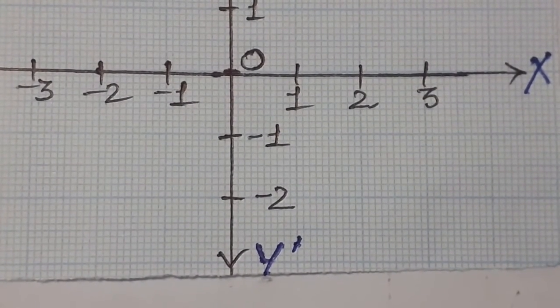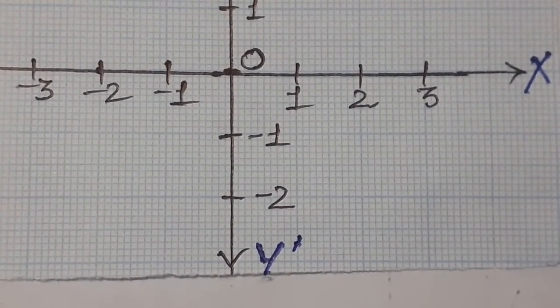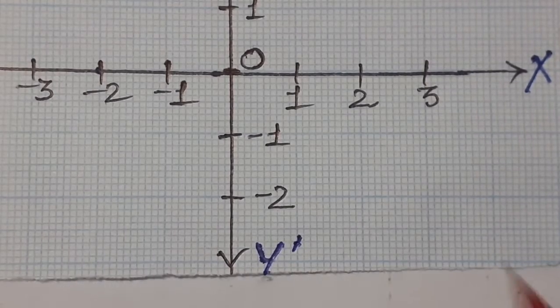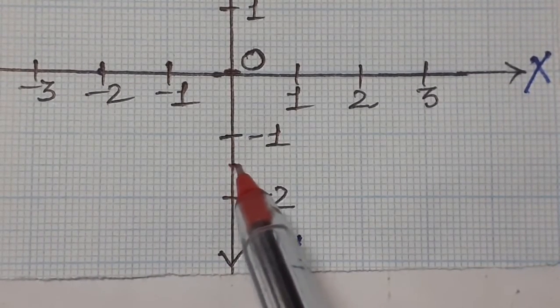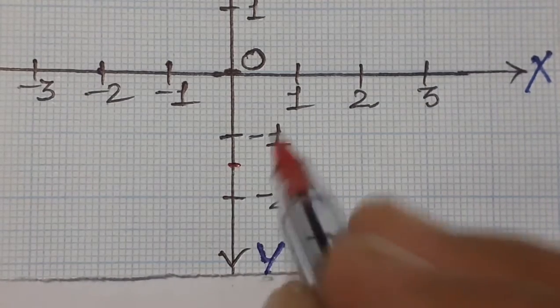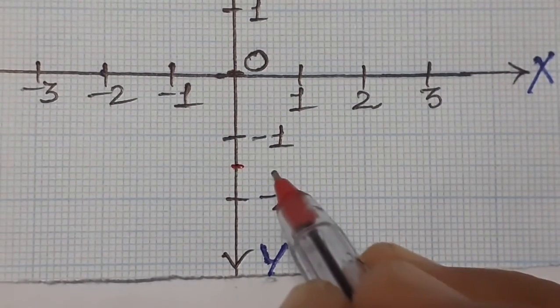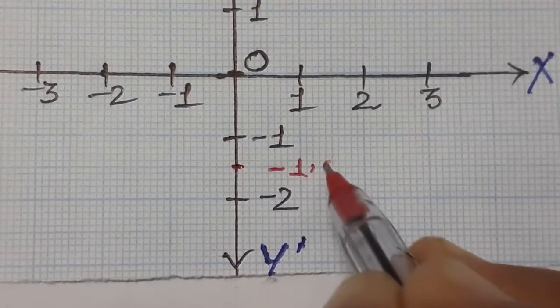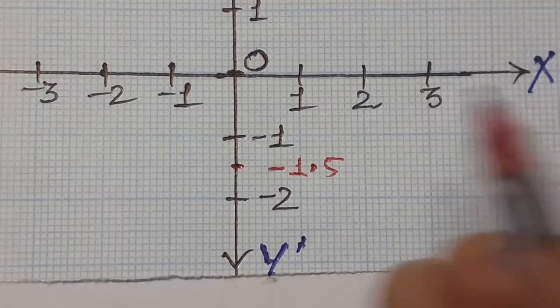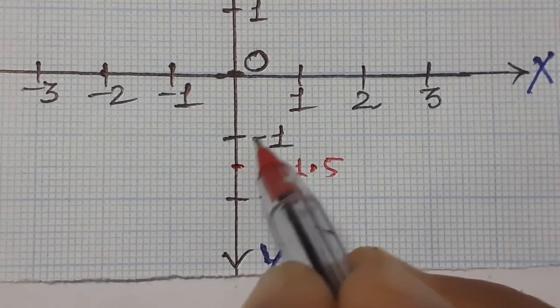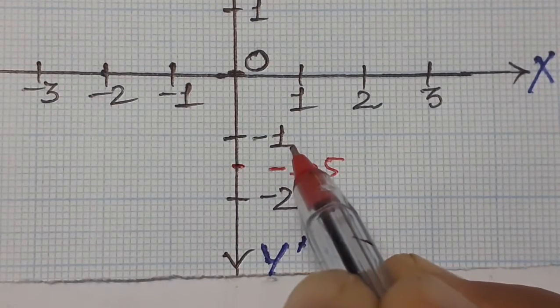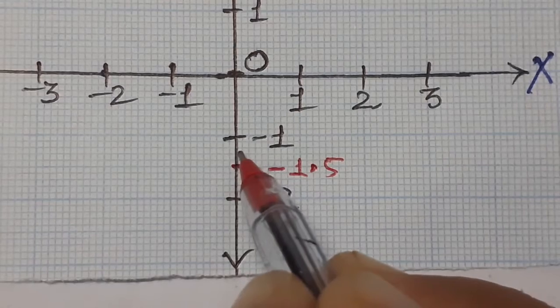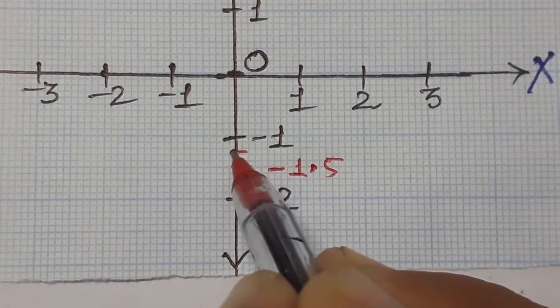Now see, children, we have to plot minus 1.25. So this is minus 1, this is minus 2, this is minus 1.5. Now we need minus 1.25. So just the middle of minus 1 and minus 1.5. So this is the middle.